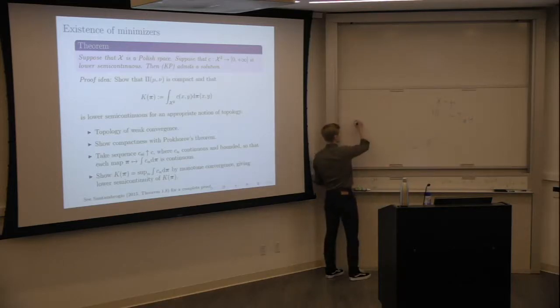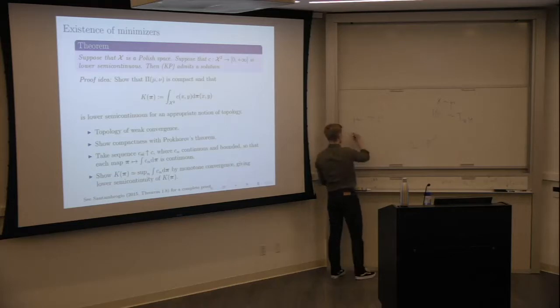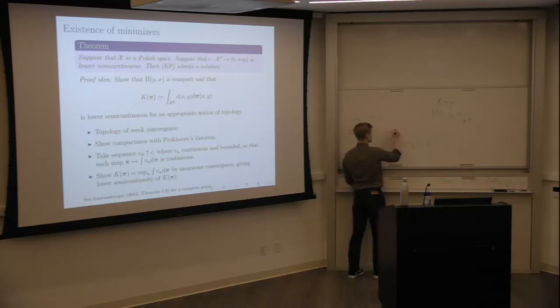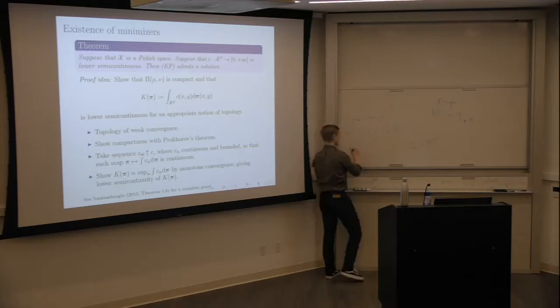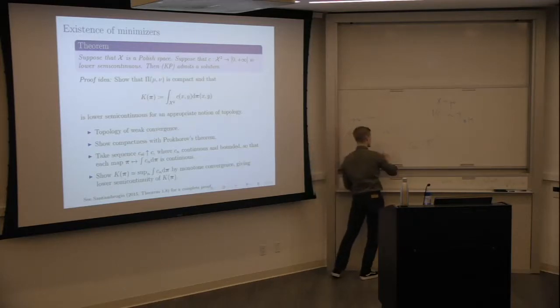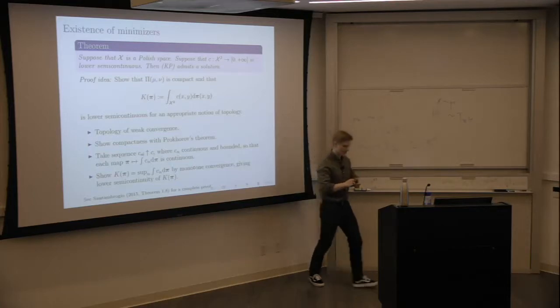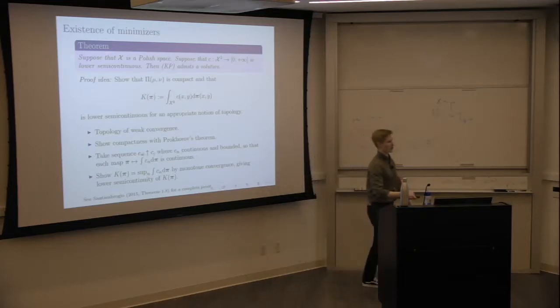So we say that the sequence of distributions mu n converges weakly to distribution mu if for all functions f that are continuous and bounded, that's what this notation means, we have that the integral of f against mu n converges to the integral of f against mu as n goes to infinity. Okay. So this gives us the required topology.